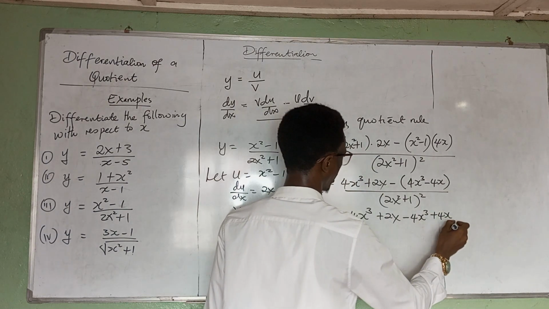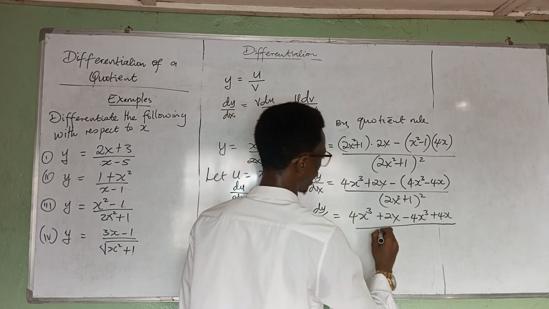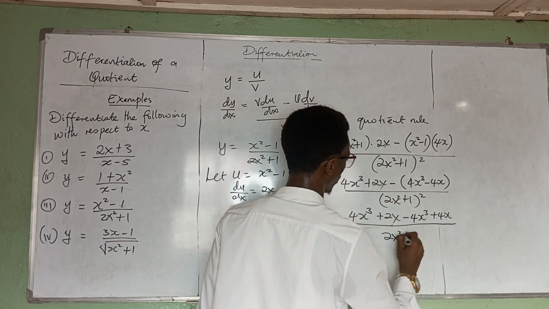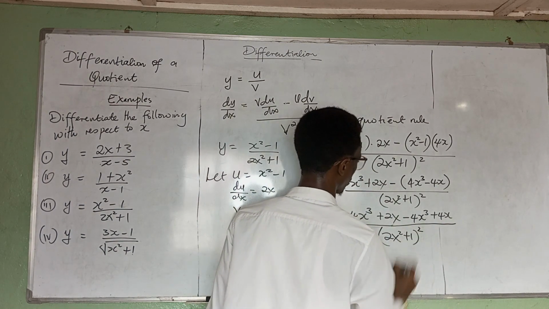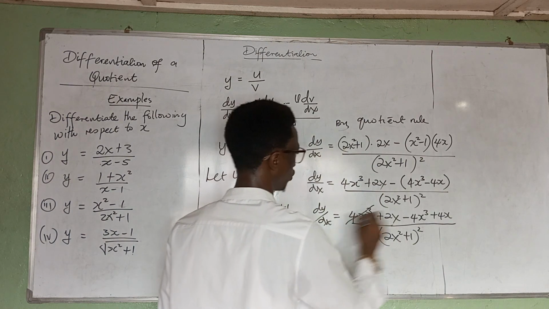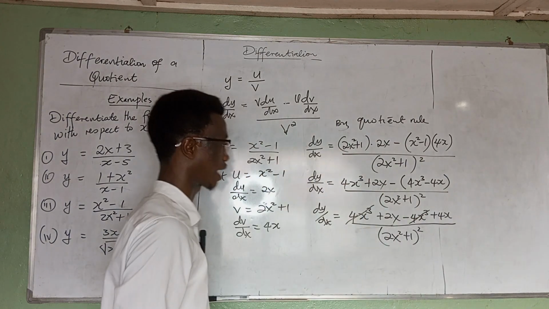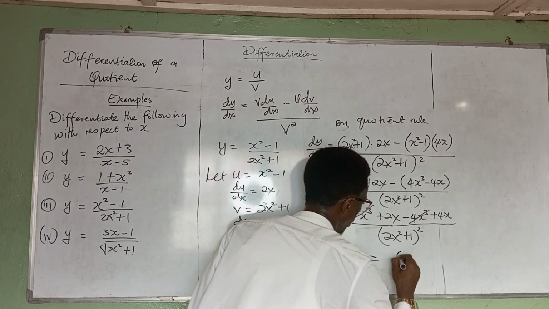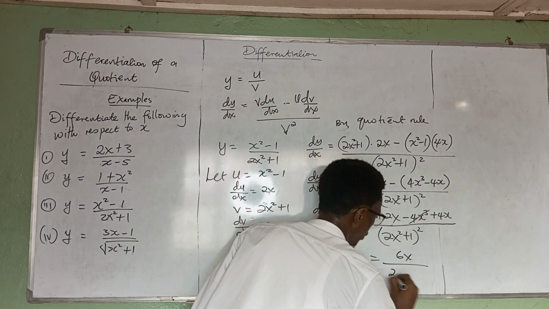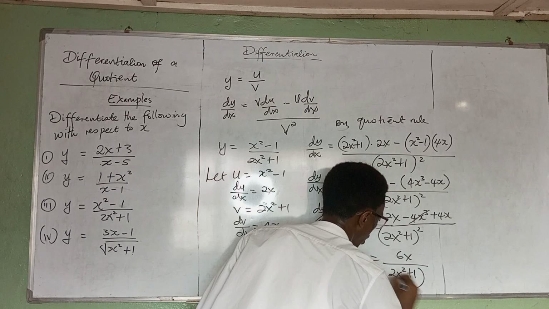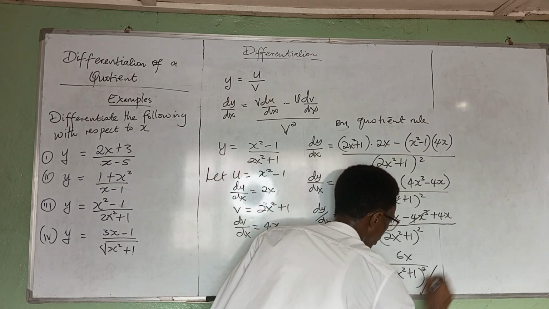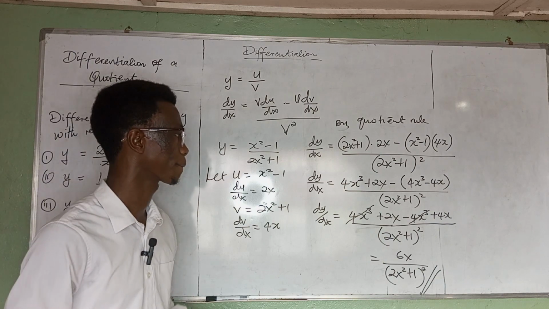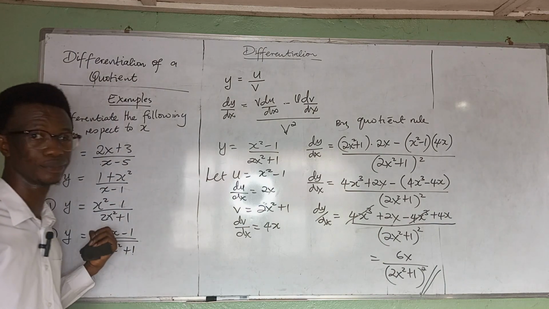I have multiplied the sign, all divided by 2x squared plus 1 all squared. So 4x cubed minus 4x cubed cancels. 2x plus 4x becomes 6x divided by 2x squared plus 1 all squared. So that's the answer to this problem.